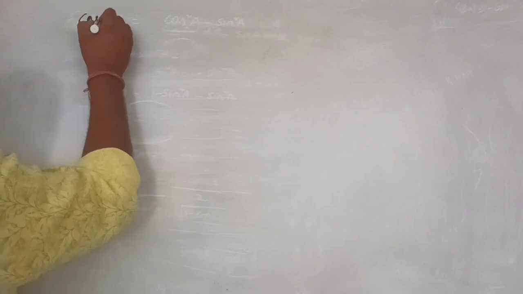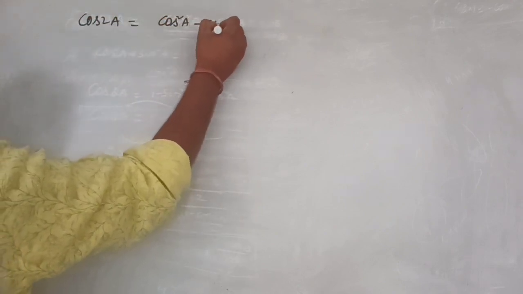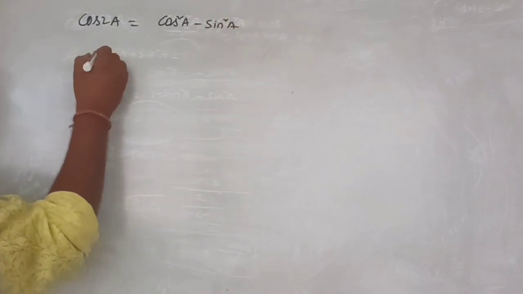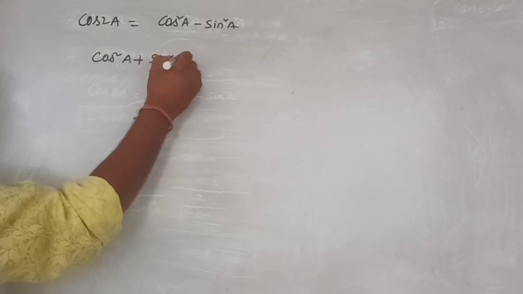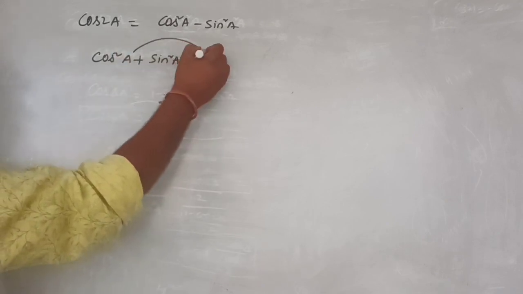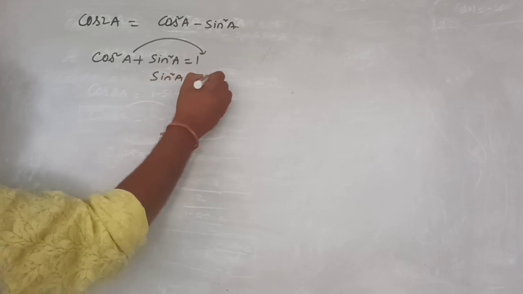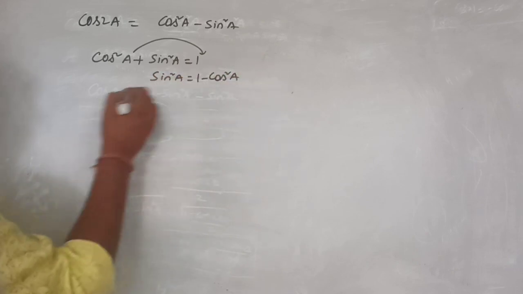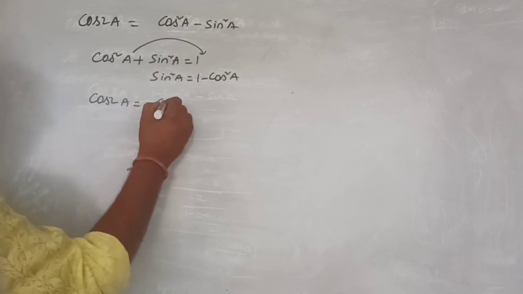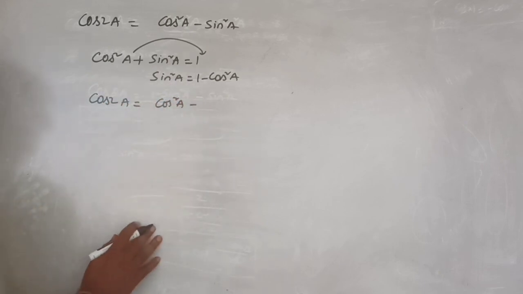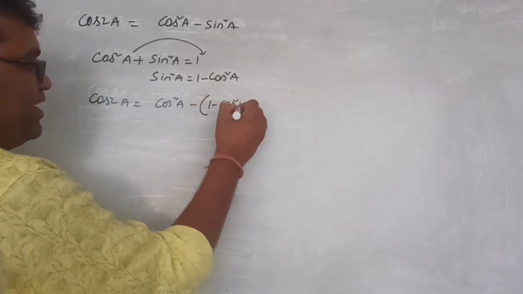Same formula, cos 2a is equal to cos square a minus sin square a. By trigonometric identities we know that cos square a plus sin square a is equal to 1. So sin square a is equal to 1 minus cos square a. So here cos 2a is equal to cos square a minus sin square a, whose value is 1 minus cos square a.